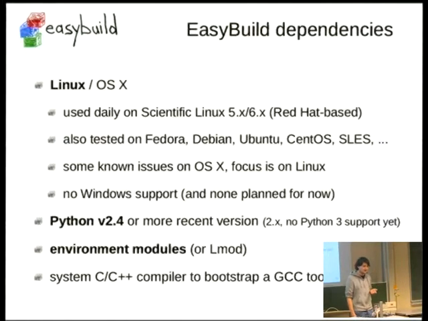It's not because we can't. You need Python 2.4, so we're running this on some old systems that still have 2.4 and it's fully supported for now. Not sure for how long, but for now, everything will be written for 2.4. And a C compiler to start your first build of GCC or the Intel compilers.